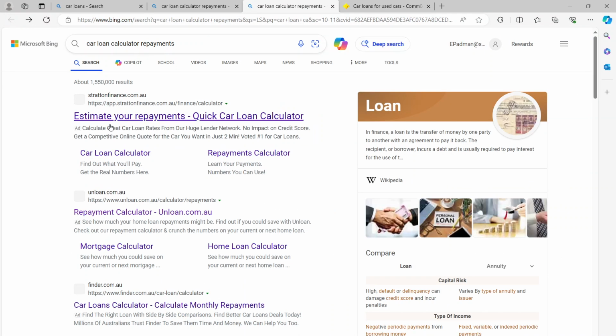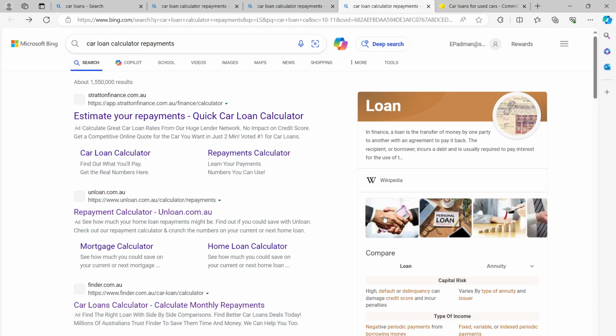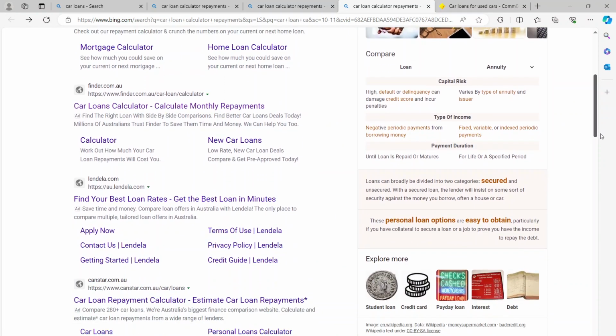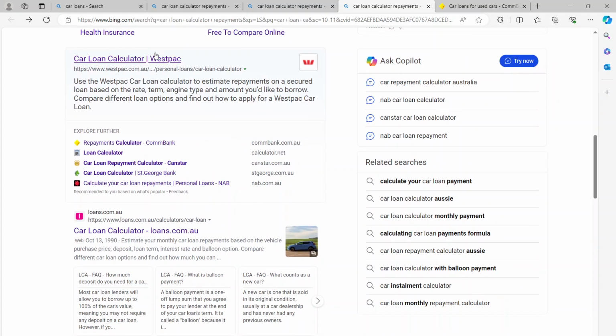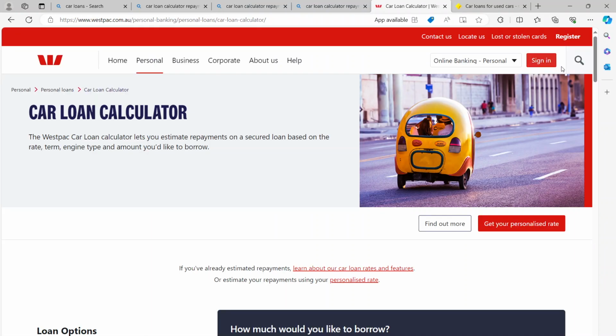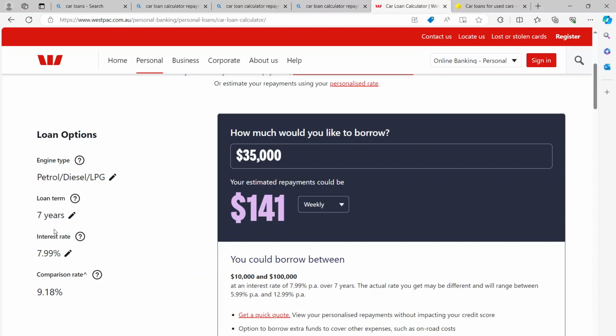Let's do a car loan calculator because it always said 30 years on it. We can't do that. Actually, let's go to the one from CommBank. I saw some people using that before. CanStar. Maybe the Westpac one will do. Car loan calculator. All right. Yep, this one should do the job we're looking for. Yes, there we go. All right, let's put in our numbers.